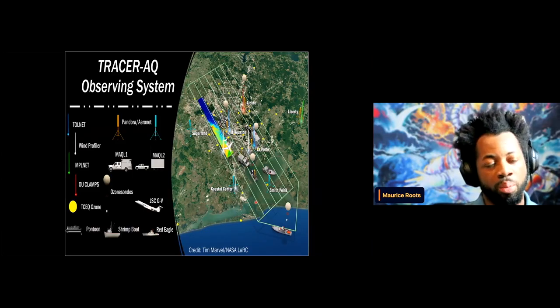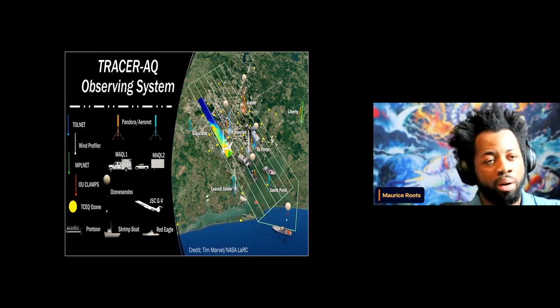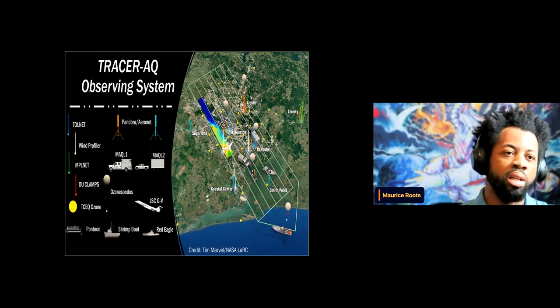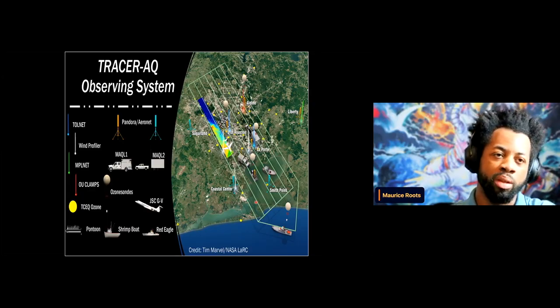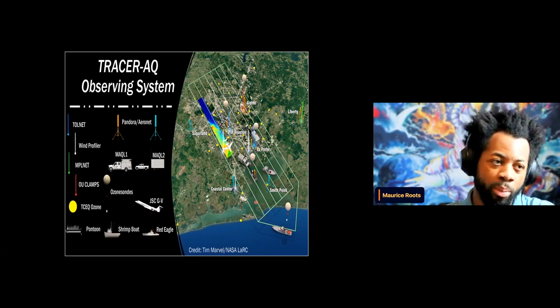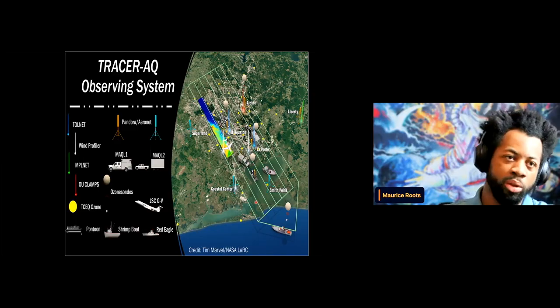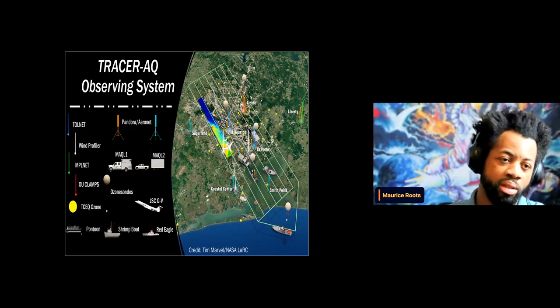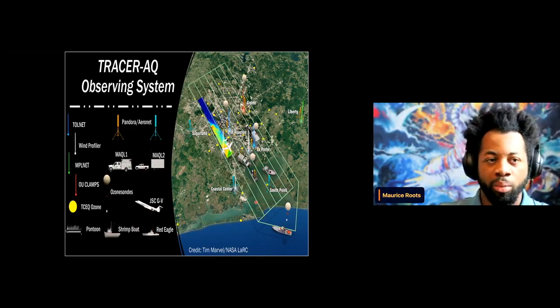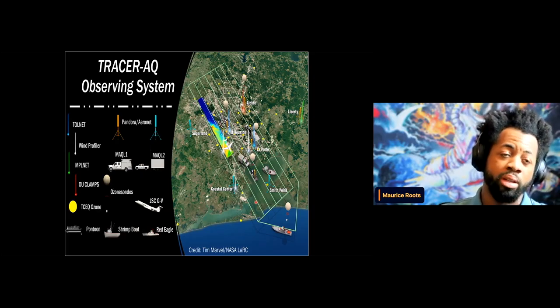So this is a campaign that we did a couple years ago in Houston, where we're trying to understand the local mesoscale transport mechanisms involving the city of Houston and all of its refinery operations and gas production in the greater Houston area, where you have Galveston Bay, a large body of water, and the Gulf right there as well.